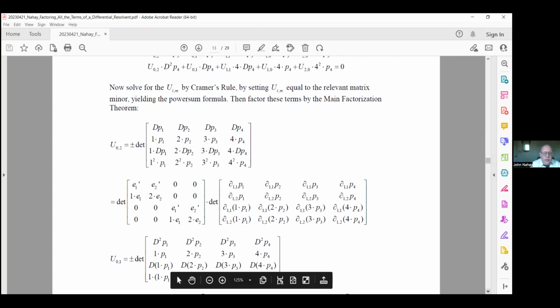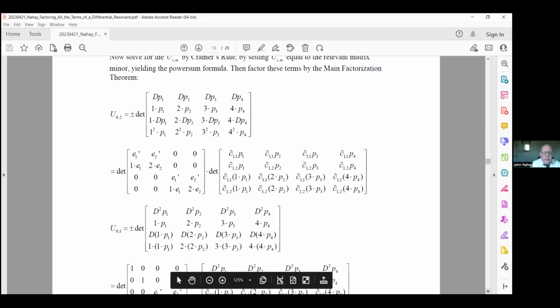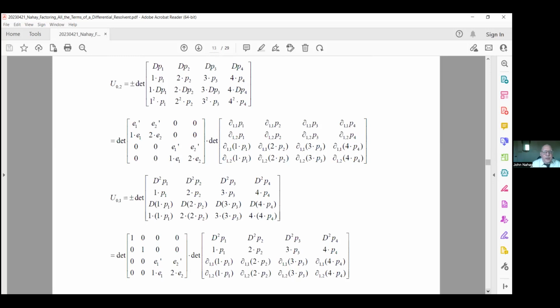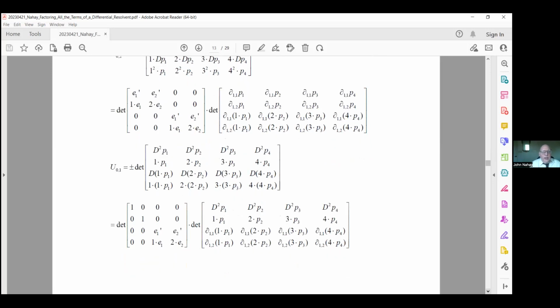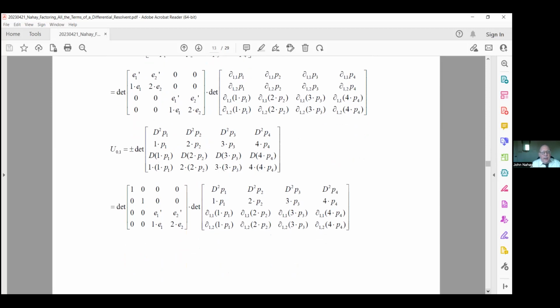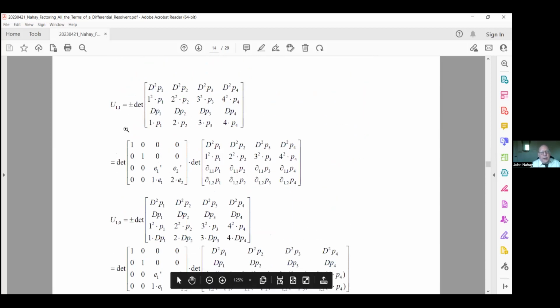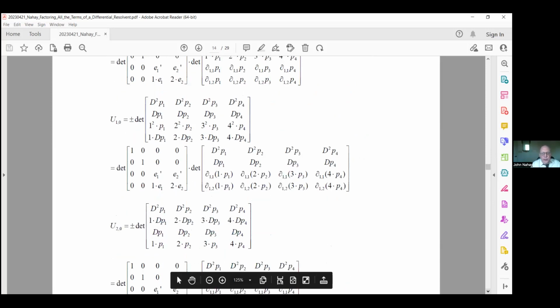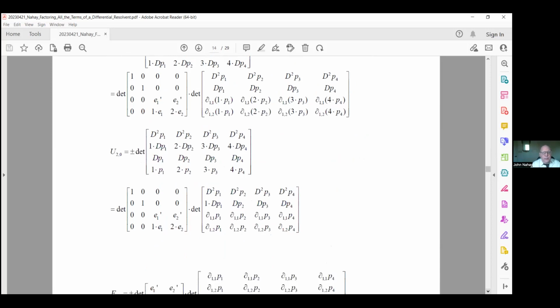power sums. Okay, here's U sub 0, 1. Here's how it factors. I think I might have it right. And then here's how U1 1 factors, and here U1 0 factors, and finally U2 0 factors in this way.